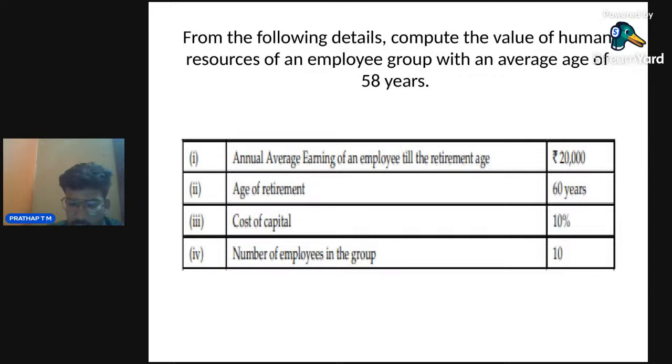If you deduct, then the value becomes 2.369, right?